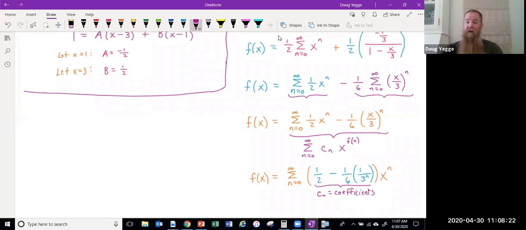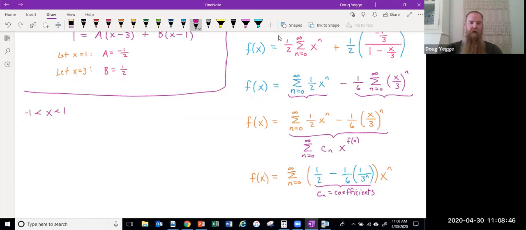So we could technically do the ratio test on this, but I'll tell you right now, that's going to be a pain. So instead, I'm not going to do that. I'm just going to go back to here, and we're going to find the interval of convergence of 1/2 x to the n. So that means that for the first one, x has to be between -1 and 1.